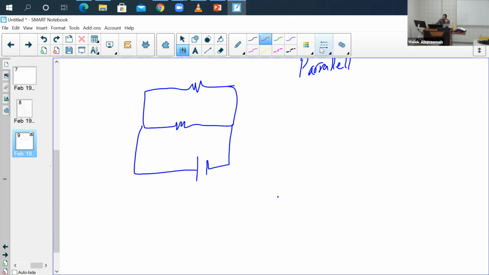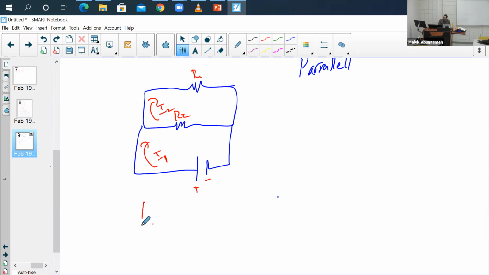Let's label these. Let's say you got two resistors connected in parallel. So basically you got a current and a current. Let's call this one I1 and let's call this one I2. And here's your positive, negative, and positive.